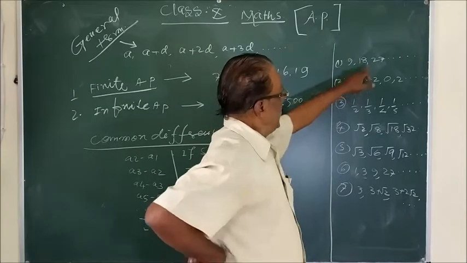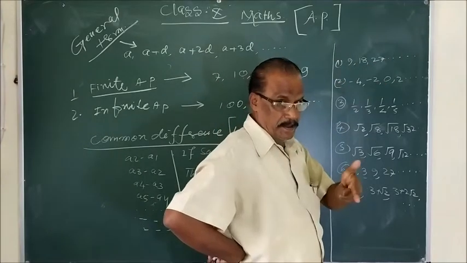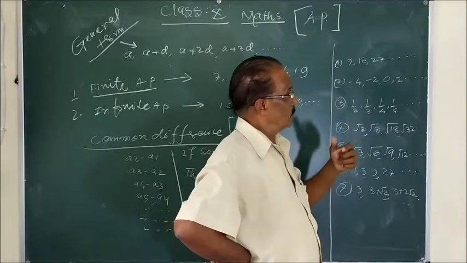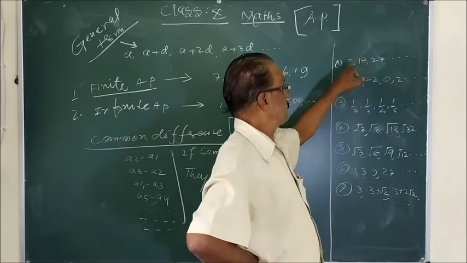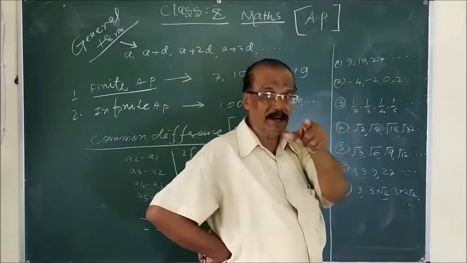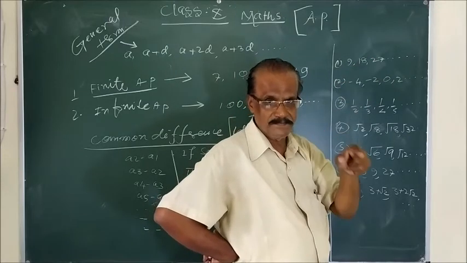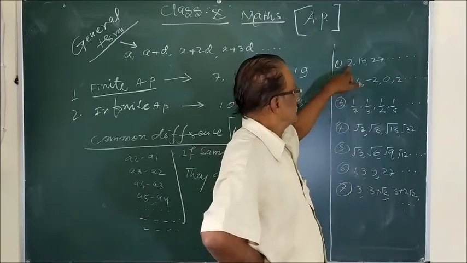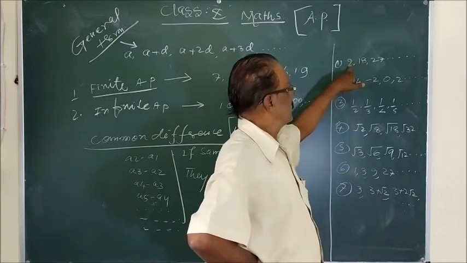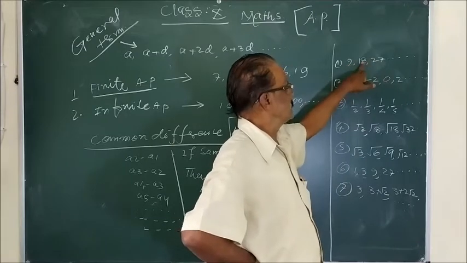So 9, 8, 27, these are in AP. If I ask why can you say these are in AP? Because the difference between two consecutive terms, third and second, 9th and 8th, like that. So this is the first term, and this minus this, 9. This minus this, 9.